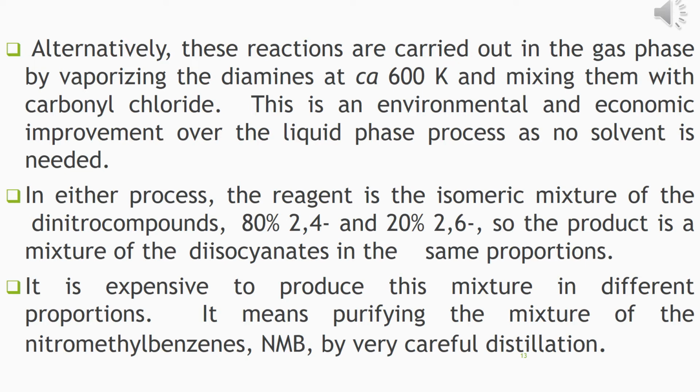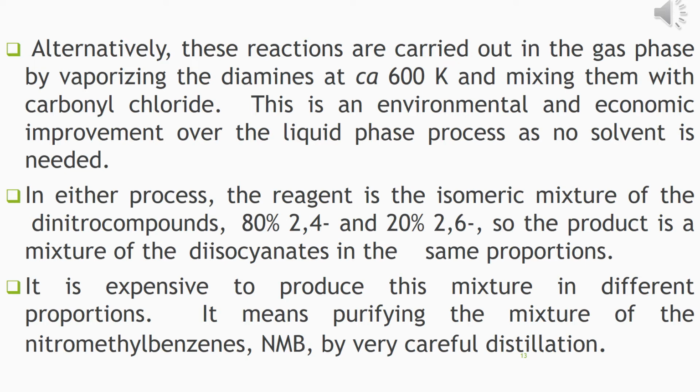It means purifying the mixture of the nitromethyl benzenes, NMB, by a very careful distillation. Now what is going on? If we want to produce this mixture not in 80 and 20% proportion, but in some other proportion, we shall have to purify the mixture.